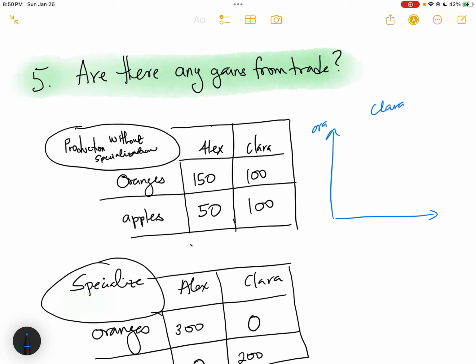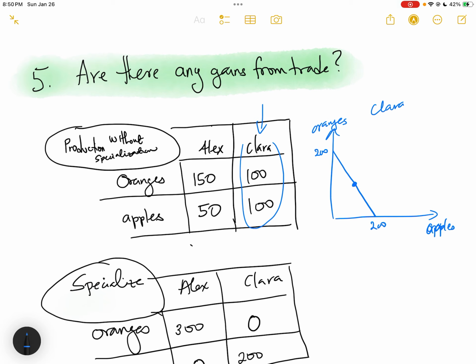So let's say this is Clara. Oranges up here, apples on the x-axis, and 200. Okay, so looking at just Clara, this is Clara's column. Her production without specialization is 100 oranges and 100 apples.